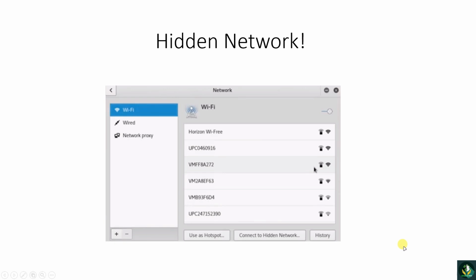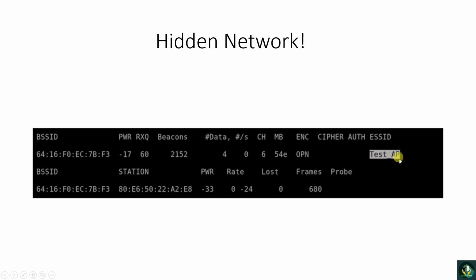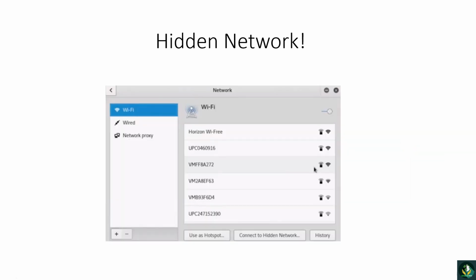Firstly you have to go to your Linux machine, and it will show up all the system settings. Then you go to the application and Wi-Fi settings, and as you can see in the lower end here, there is connect to a hidden network. You can connect to this hidden network, whose name is test_ap.